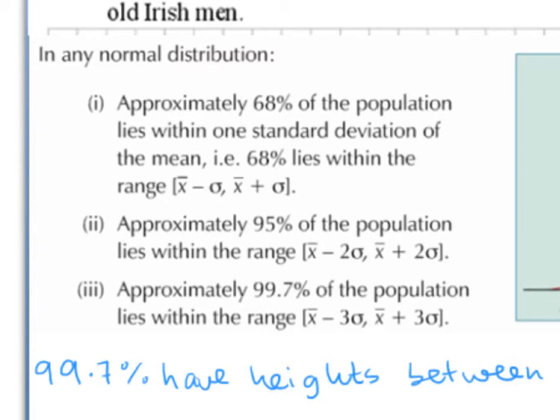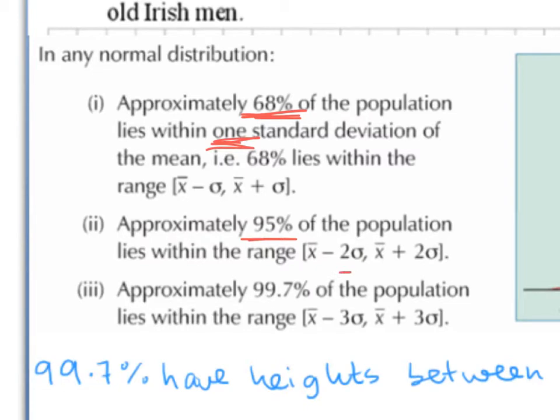So this is for 68%. It's 1 standard deviation that we add and subtract to the mean. Approximately 95% of the population lies within the range mean minus 2 times the standard deviation, comma, the mean plus 2 times the standard deviation. So this is for 95%.